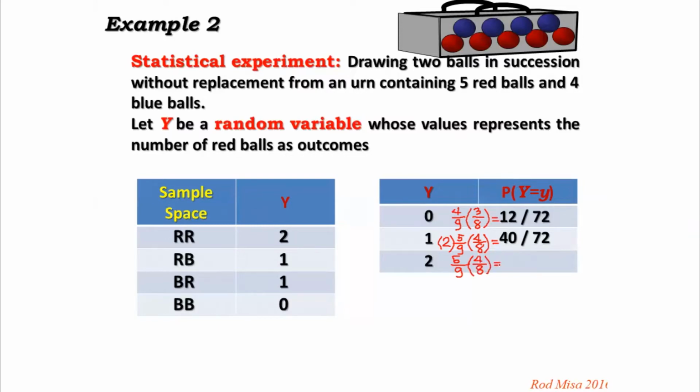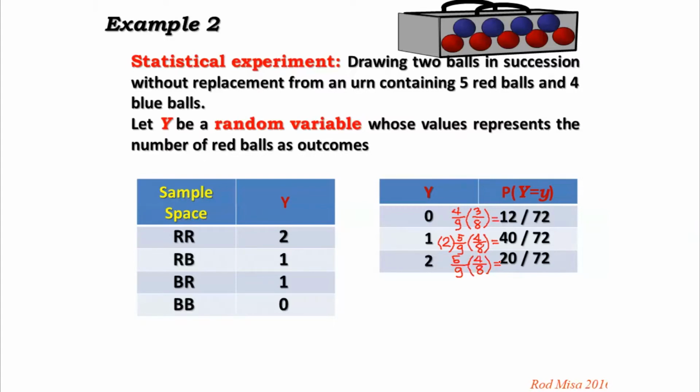Multiplying these numbers, we have 20 over 72. So therefore, this table represents a probability distribution of the statistical experiment of drawing 2 balls in succession without replacement from an urn containing 5 red balls and 4 blue balls.